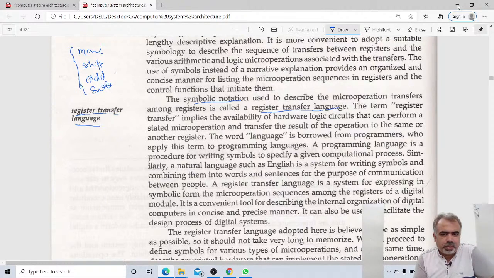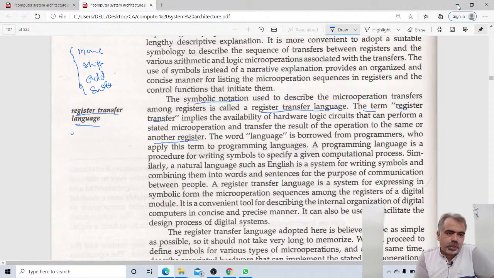That's why it is also called the register transfer language, because these particular symbolic notations are used for transferring data inside the registers. You can understand from here that the term register transfer implies the availability of hardware logic circuits that can perform the stated microoperation and transfer the result of the operation to the same or another register.